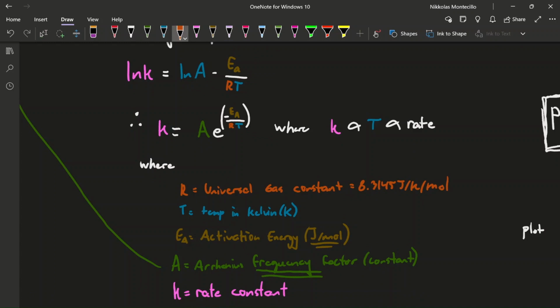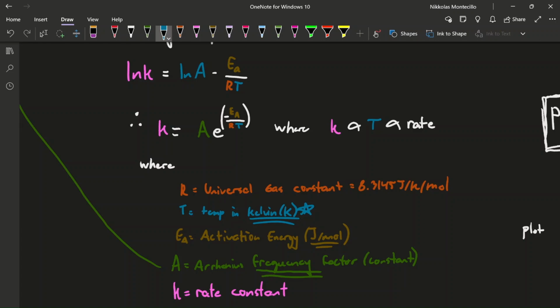And then T equals the temperature in Kelvin. So you have to make sure that the units are consistent, where temperature is always expressed in Kelvin, especially in this equation here. This is super important. The activation energy is expressed in joules per mole.